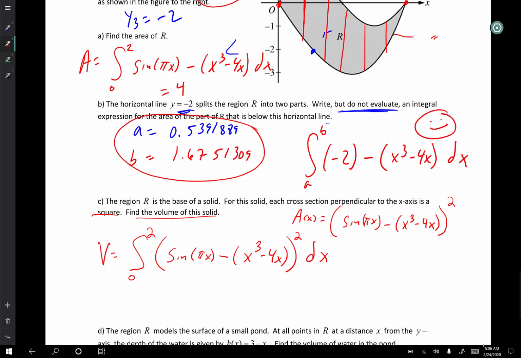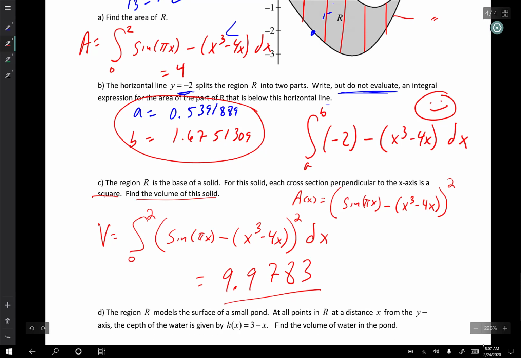So math, integral 0 to 2, open parenthesis, alpha trace y1 minus alpha trace y2, close parentheses, put a square on it, dx, and I get 9.9783. They don't give you units, so there it is. If there were units, you'd say units cubed.